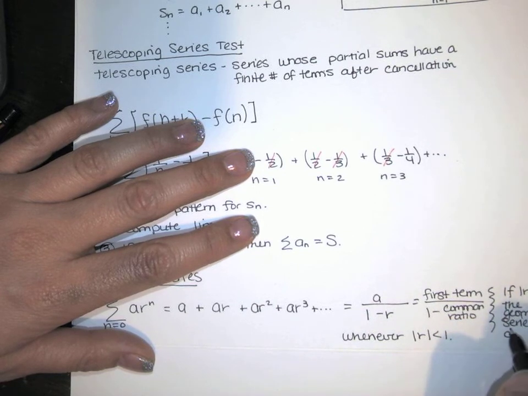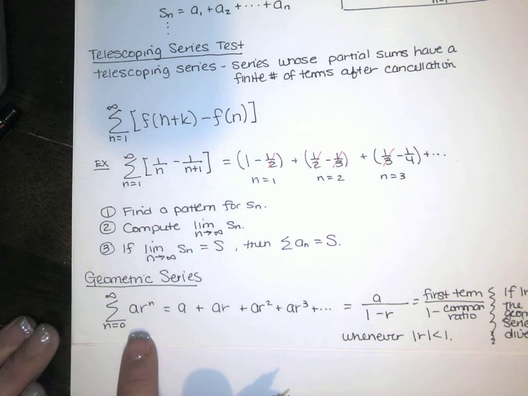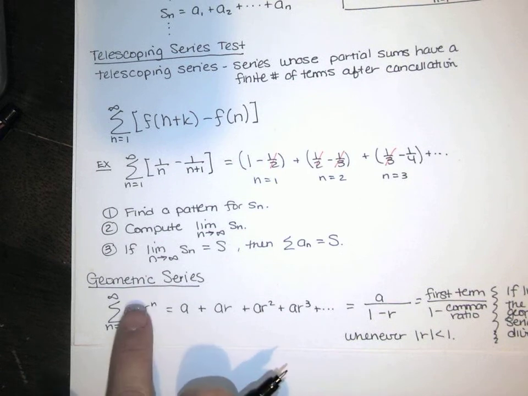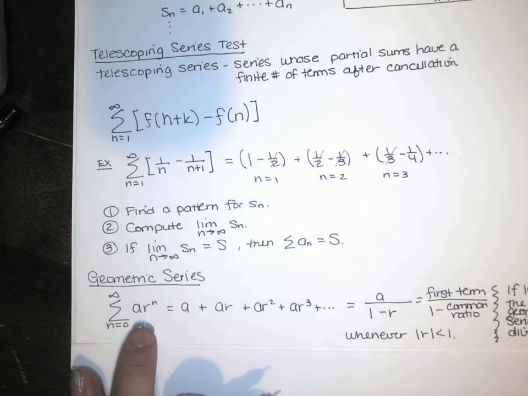So if I see a series and it either looks exactly like this, or I notice I've got numbers raised to powers of n, possibly plus or minus some other numbers, or multiplied by some other numbers, that's okay. If I can use exponent properties to rewrite the nth term so that it looks like this, it's a geometric series.